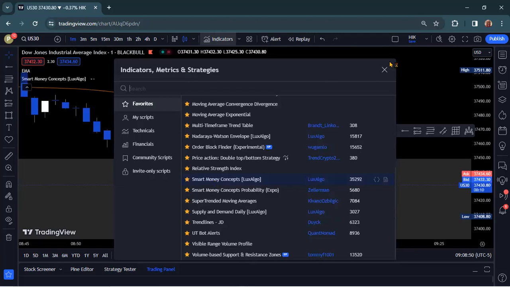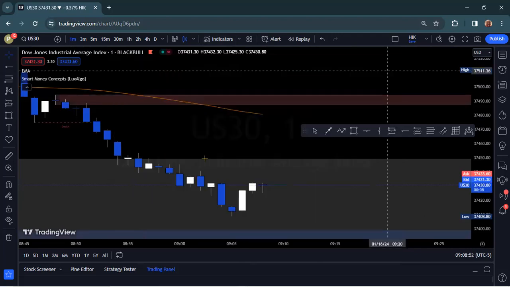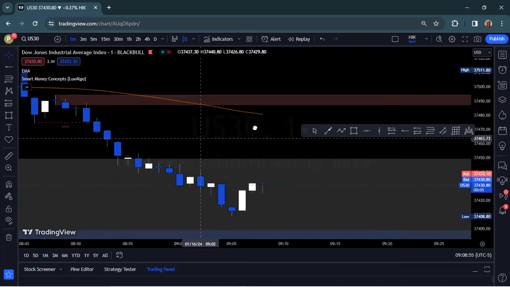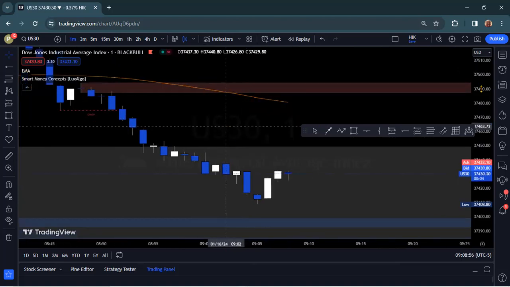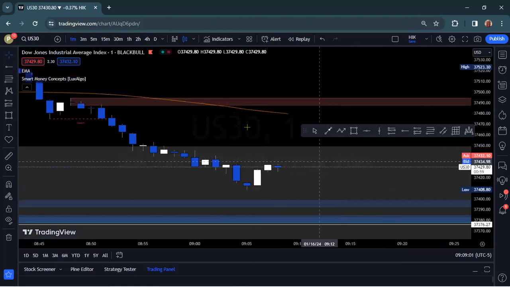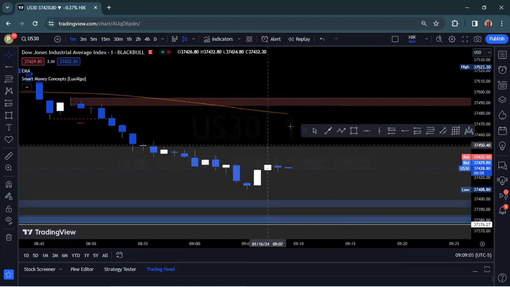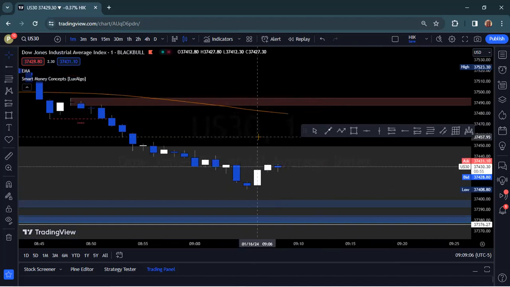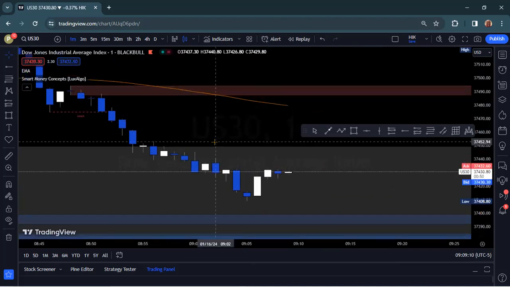There we go. And that's what we're waiting for. We're just waiting for a change of character, the reversal, and then it's going to bounce off support and trend higher to the high of the day.